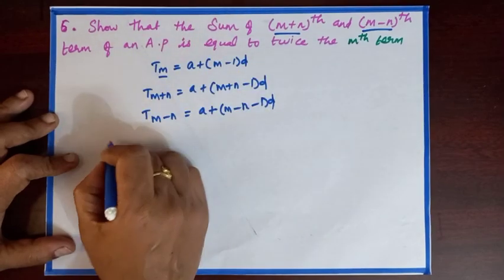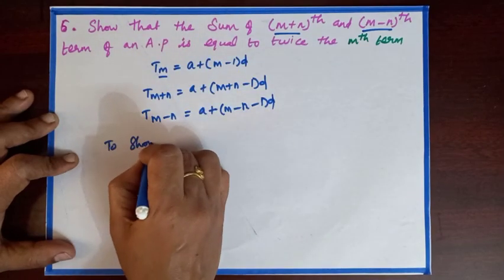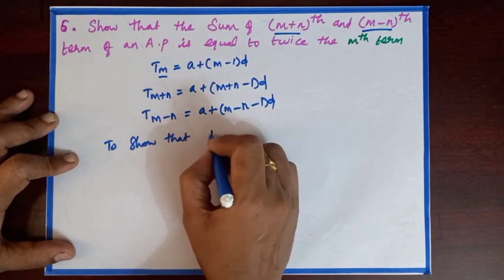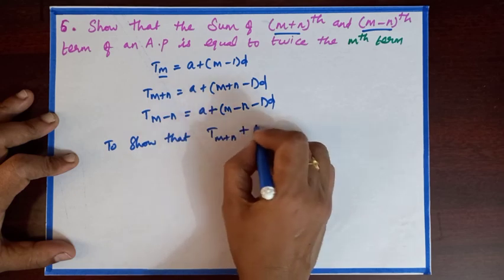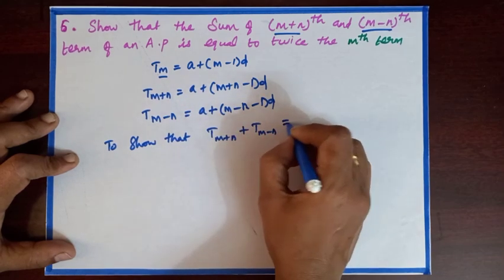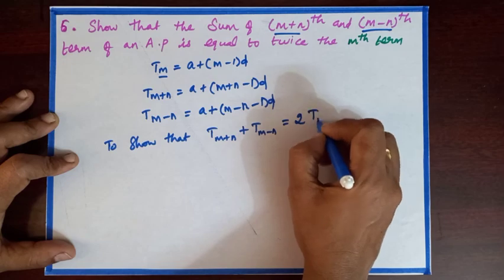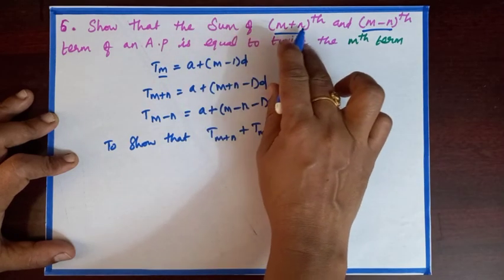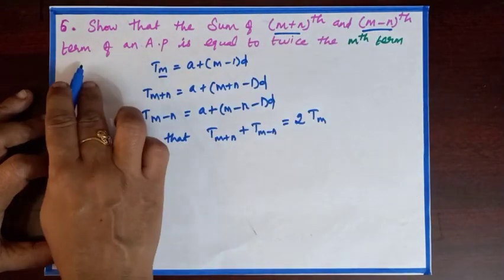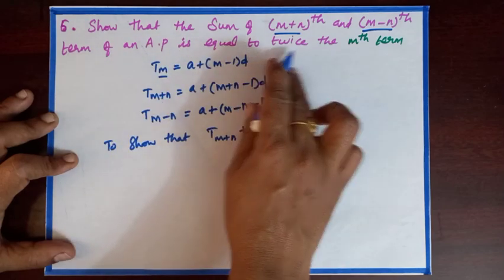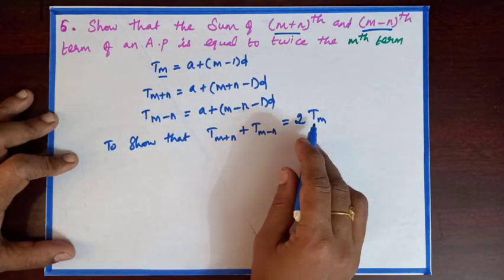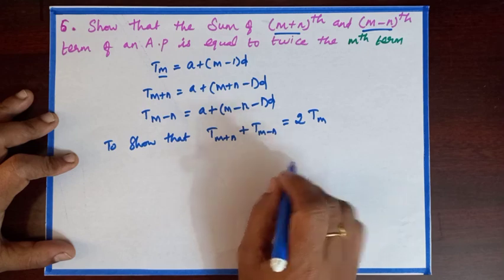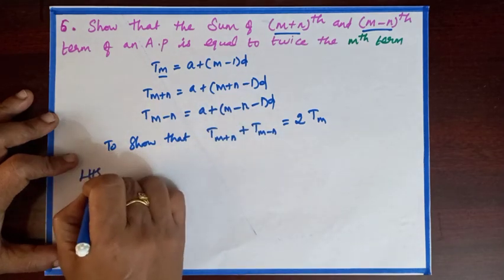We need to show that Tm plus n plus Tm minus n is equal to 2 times Tm. That is, the sum of the m plus nth term and the m minus nth term of an AP is equal to twice the mth term. So, take the left hand side.